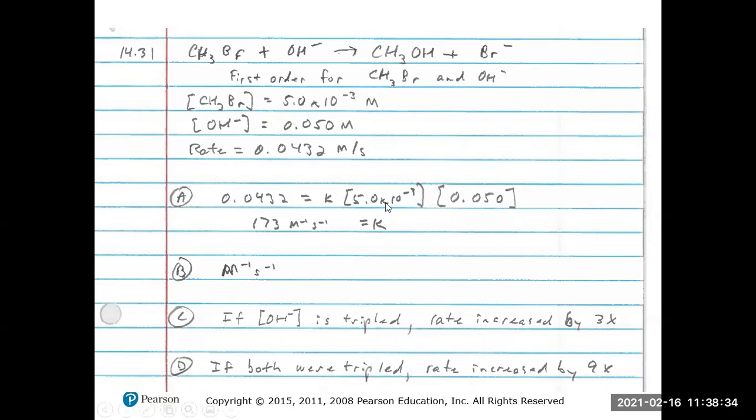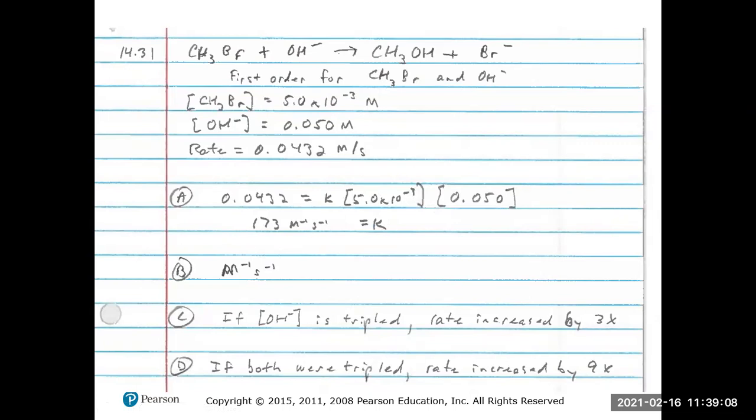So our concentrations are simply those concentration values we were given. We don't have to square them or anything like that because they're first order. K, the rate constant, is what we're trying to determine. And finally, the rate at this temperature we were given as 0.0432 molar per second. If we solve that equation, we get 173 M to the minus 1 s to the minus 1.